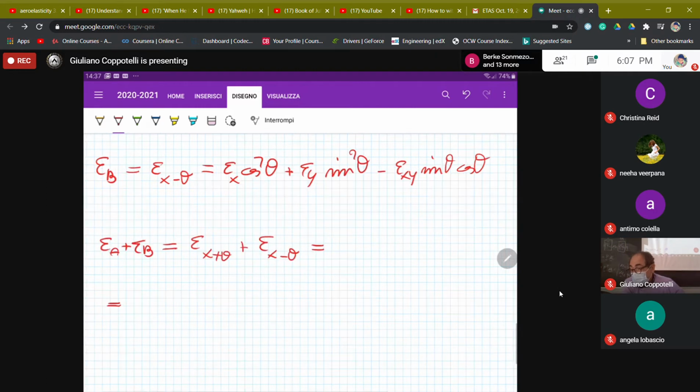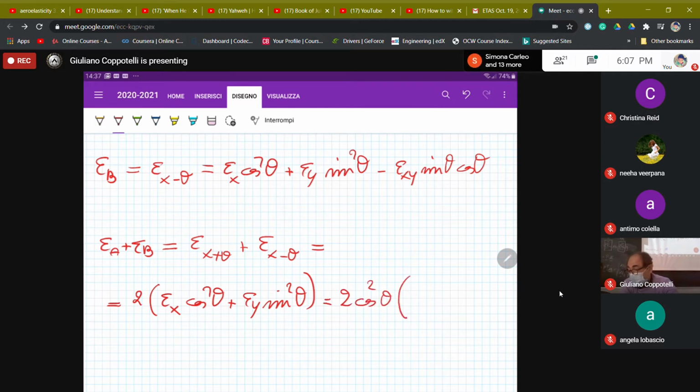If we put things together, this is equal to twice the sum: 2 cosine square theta epsilon x plus cosine square theta epsilon y. Just some algebra.